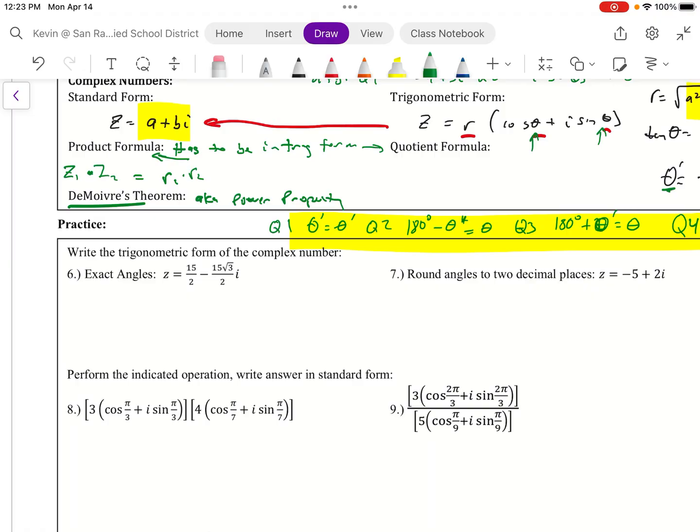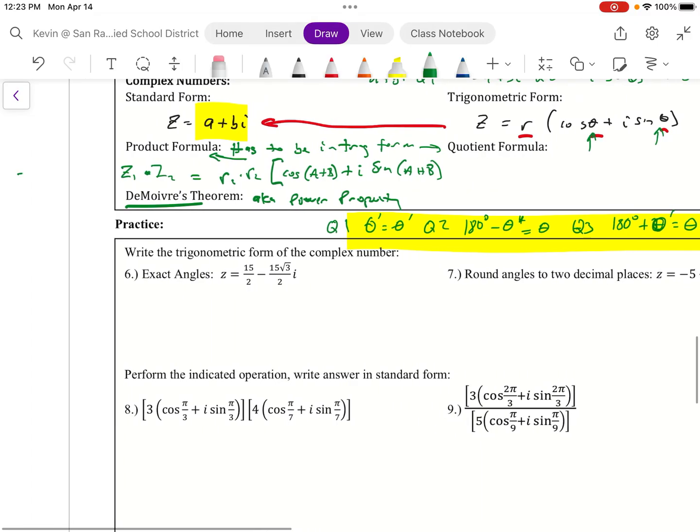Okay, so z sub 1 times z sub 2, we're going to do r sub 1 times r sub 2. So we multiply the two r's together. And then we're going to do cosine of one angle plus the other angle, plus i sine of a plus b.